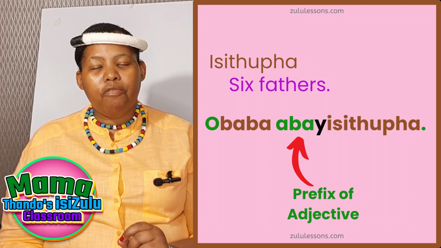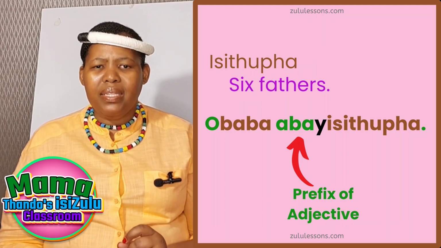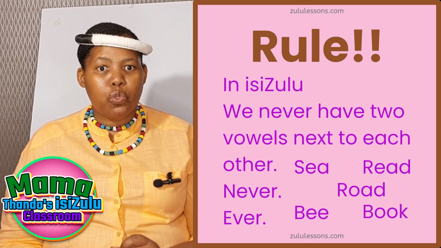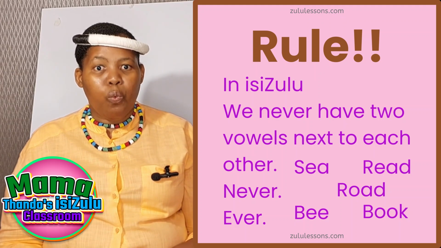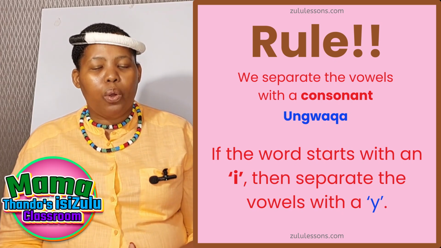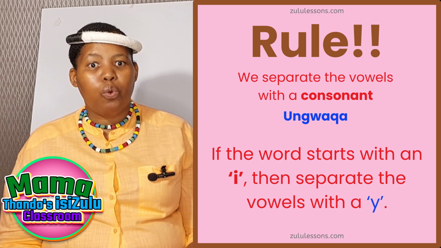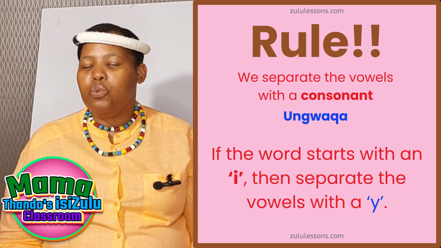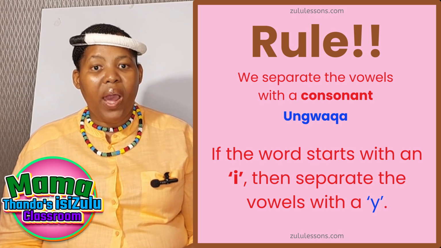Well, here is a very important lesson. In isiZulu, we never have two vowels following each other. We either blend those vowels together or we separate them with a consonant, ungwaqa. The letter that we use when the word starts with an I is Y.